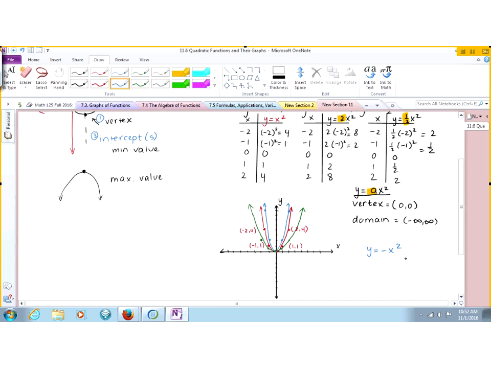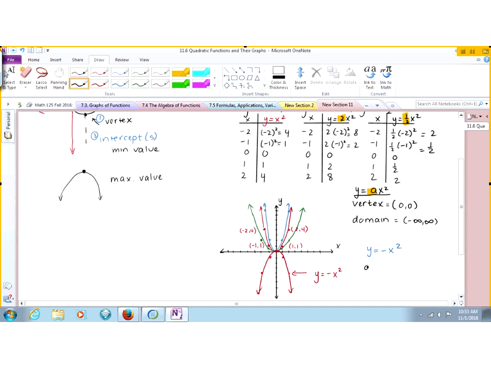How will y equals negative x squared look? The graph will open down. So it's going to look like this, right? So negative 2, comma negative 4, 2, comma negative 4. So it will have the same shape as y equals x squared, but what happens? The parabola opens down. Yeah.